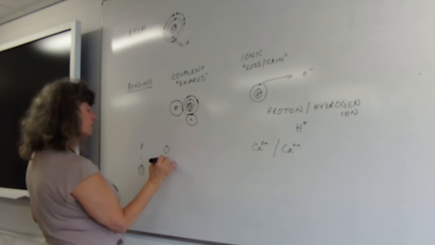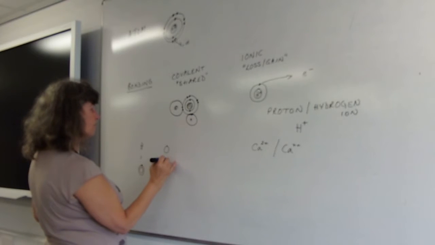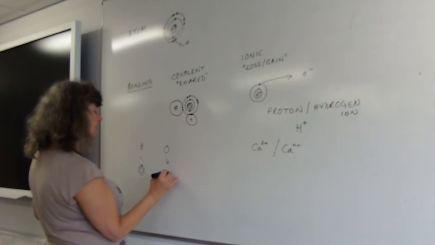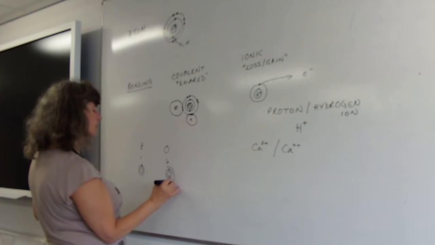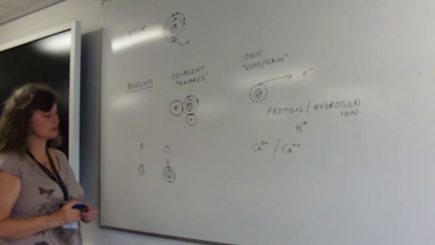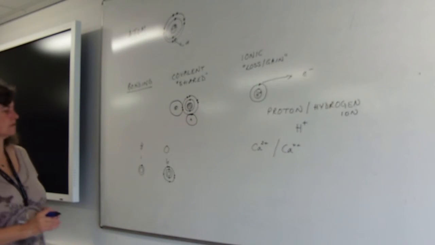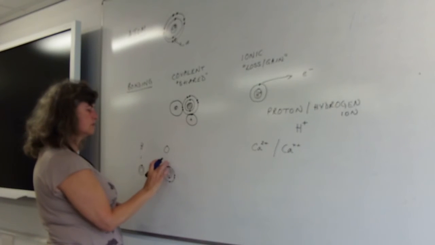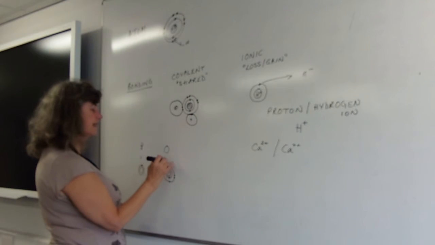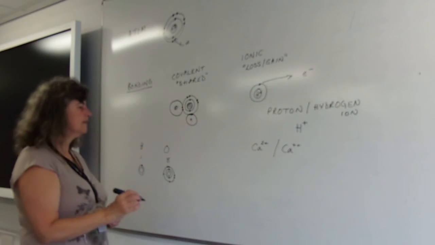Oxygen has its nucleus, it's got its inner shell full, and then it's got 1, 2, 3, 4, 6 in the outer shell. Is that right then? So it hasn't got an atomic number of 6, it's got an atomic number of 8. 2 and 6 is 8, yeah, definitely.